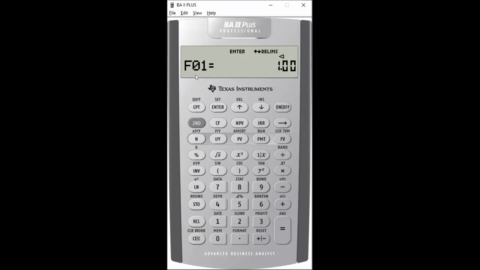So the frequency of this cash flow is 1. The second cash flow is $40, and we have two $40 in sequence, one by one. So the frequency of the second cash flow is 2. And the third cash flow is 30, and we only have one 30.